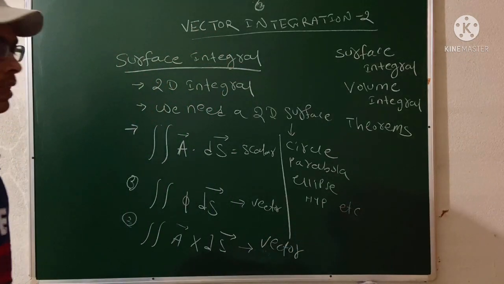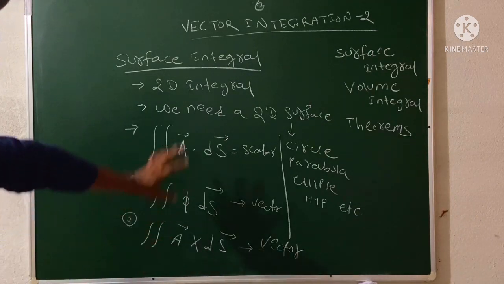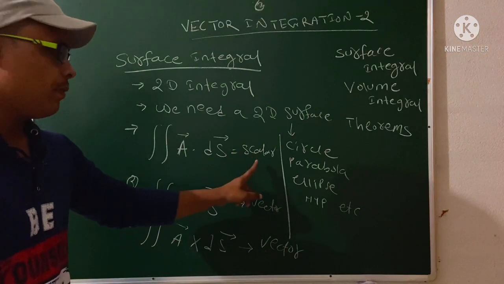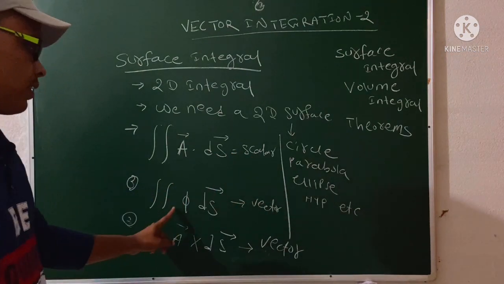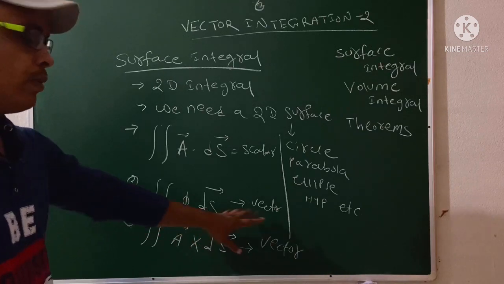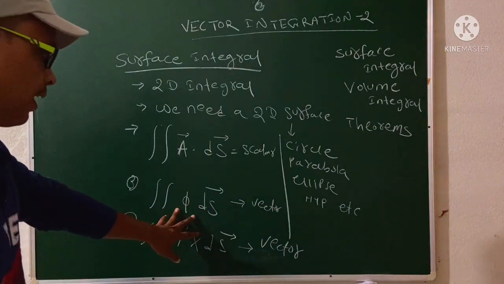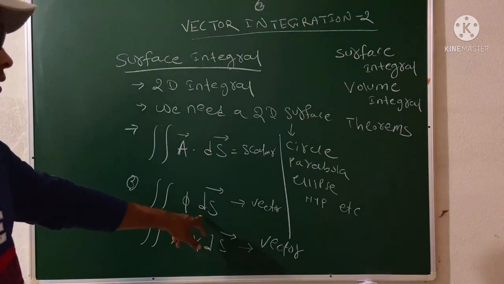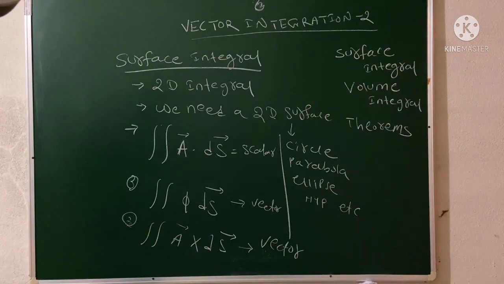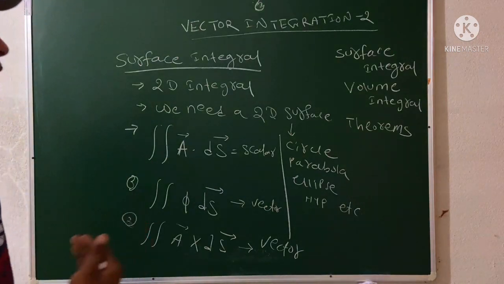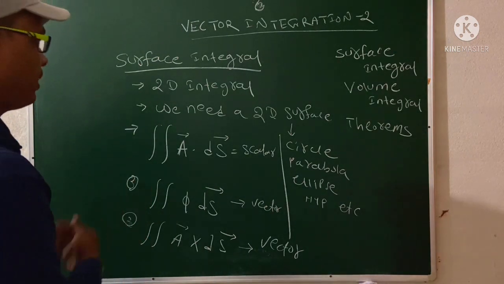We have seen these three cases in the line integral also. In the surface integral it is the same three cases, but the dot product will give you a scalar quantity, and the scalar field will give you a vector quantity, because this is the phi only. So you have to integrate over this dS, which is a vector, so we have to find what the dS vector is.